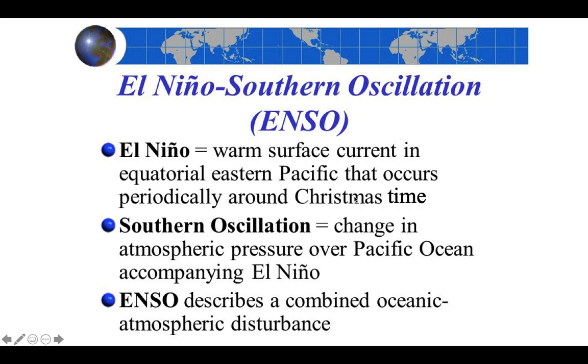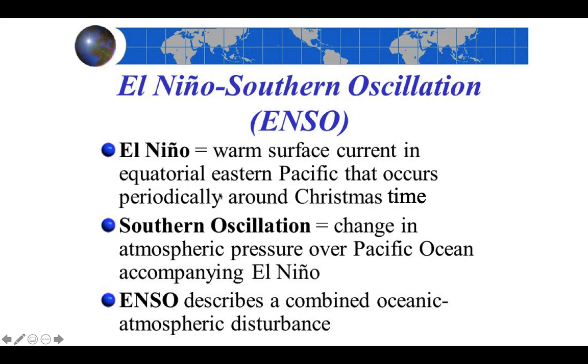It happens about Christmas time, so the name comes from the Spanish El Nino, Christmas child. Peruvian fishermen first realized that about Christmas time there was a relaxing of the wind systems and lots of rain, and then, of course, no good fishing. So they came up with this term, and subsequently this event was confirmed by scientists.